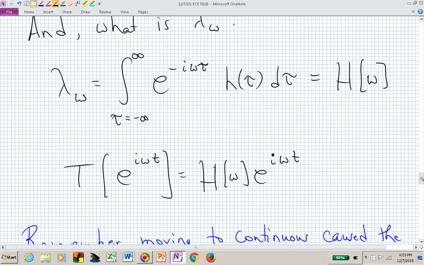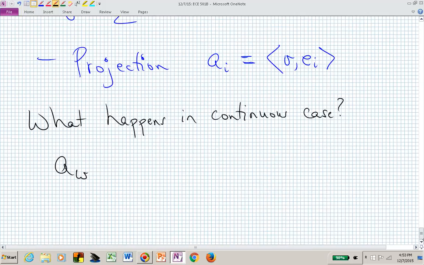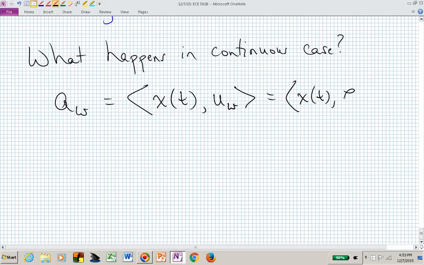The a's might be these, well, let me just do it. So now we have a sub i is, let's say, the inner product of an input, x of t, with our eigenfunctions, u of omega, where let's just go ahead and write those eigenfunctions as these complex exponentials.